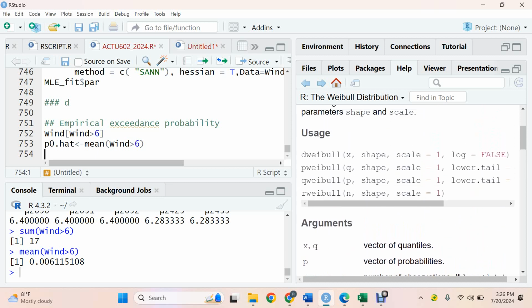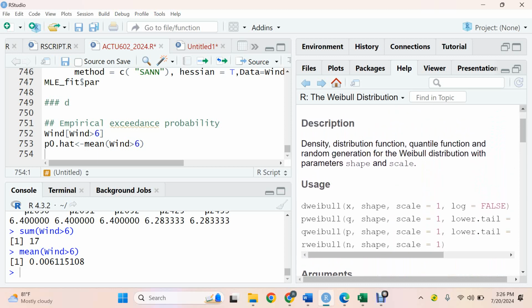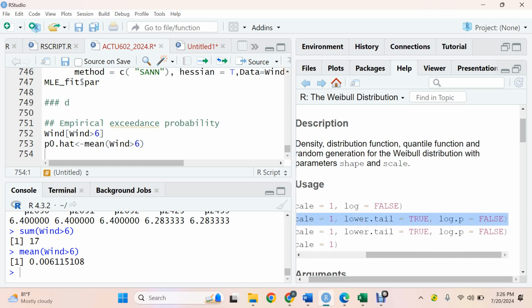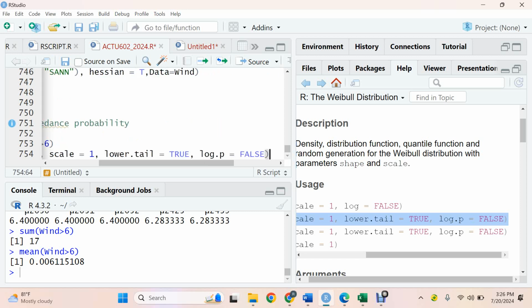So the P variable will give you the distribution function, which is your F. But it also has lower tail is true. So if I set the lower tail to be false, it means it is the upper part. It becomes my survivor function. So two ways, but this is easier. So you can do it here.